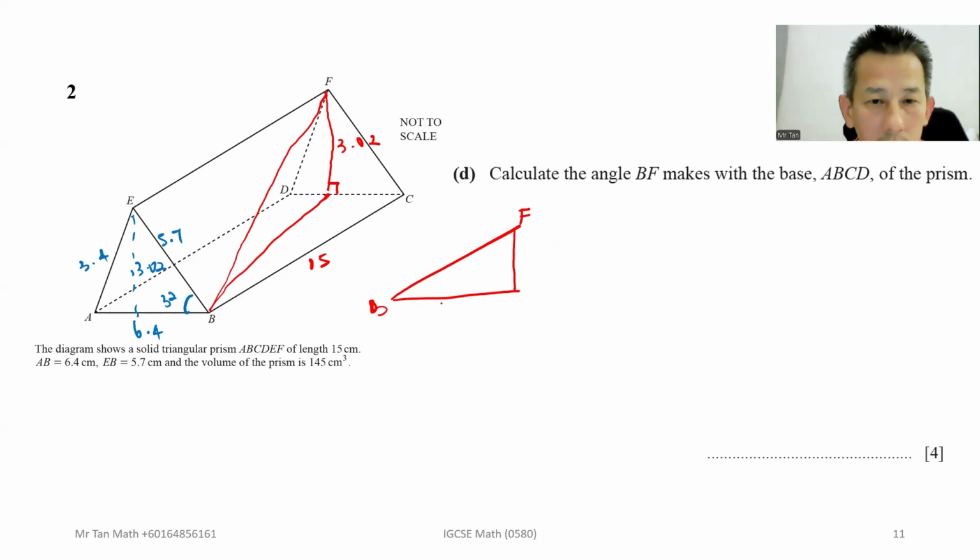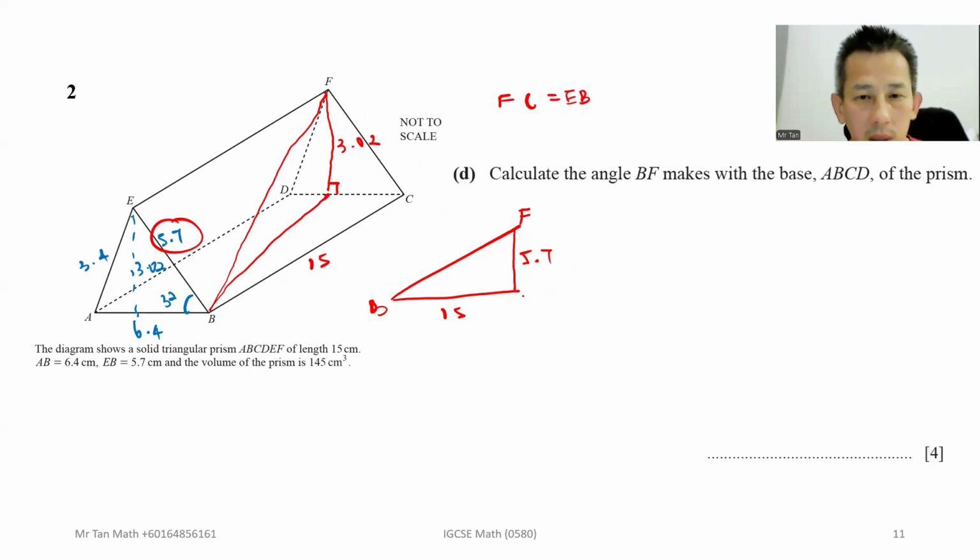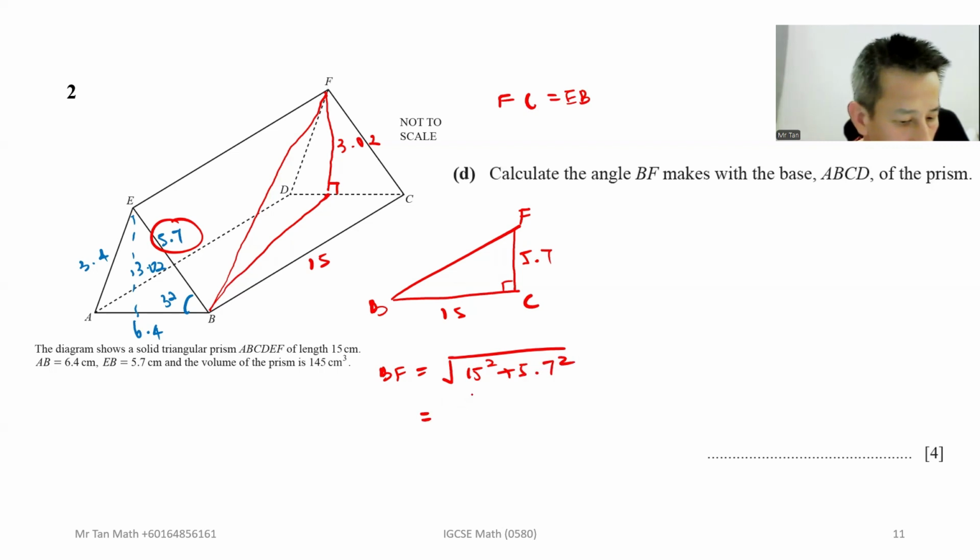Okay, you can use 15 here. And 5.7, use this length. Will be the same as BF. Okay, FC is equal to EB. Note this, therefore, you get a C here is 90 degrees. So first BF should equal to, use Pythagoras theorem, square root of 15 squared plus 5.7 squared, you should get 16.05.